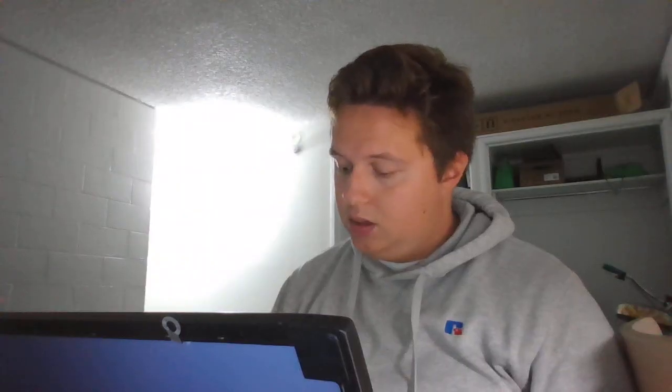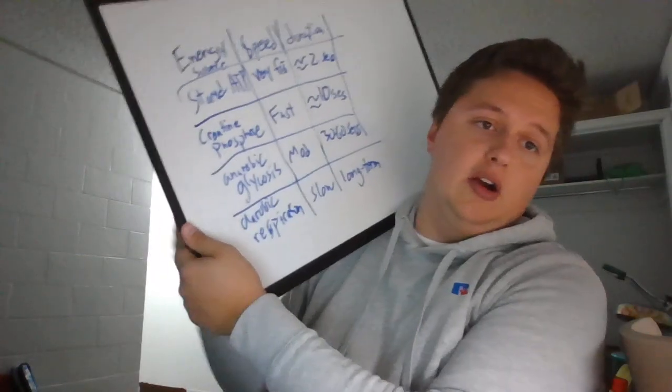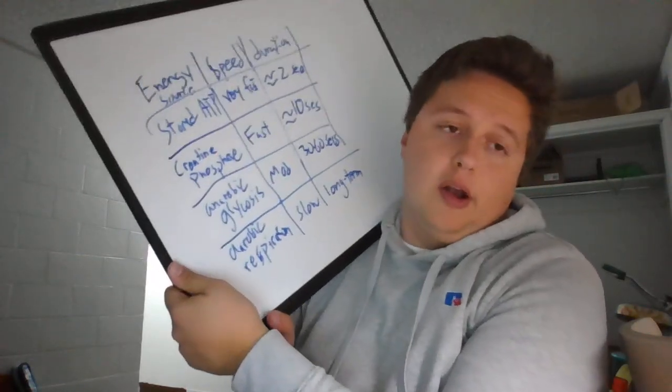And then finally, we have aerobic respiration. This is very slow, and it's long term. You can go for a long time. This is like jogging or standing or something like that.